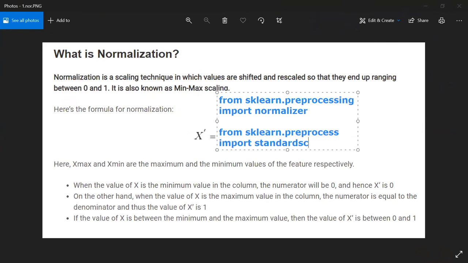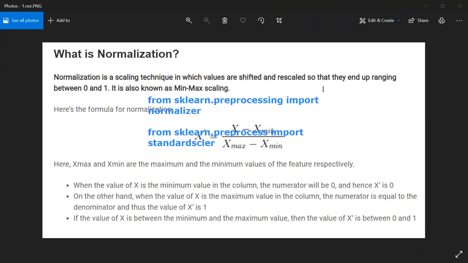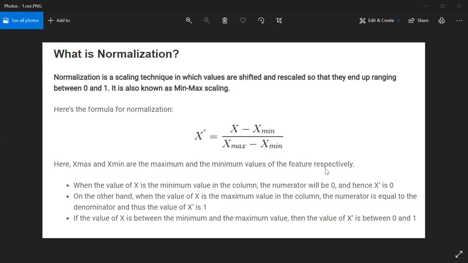Agree? So when I mention these packages, these formulas are called in the backend. That's why I want you to remember this formula, because here X max and X min are the maximum and minimum values of the feature. When the value of X is the minimum, X dash is 0. So you don't need to worry. Just remember what is meant by normalization, right?